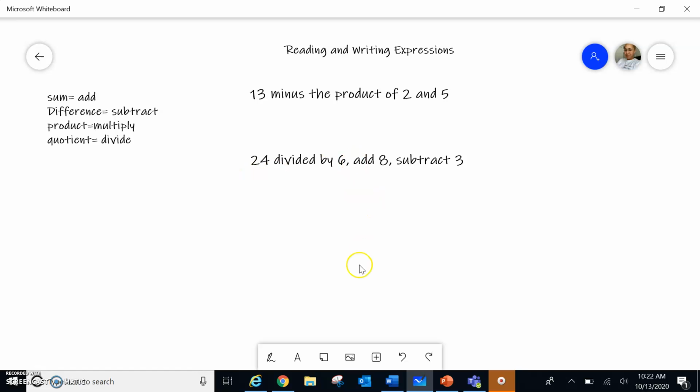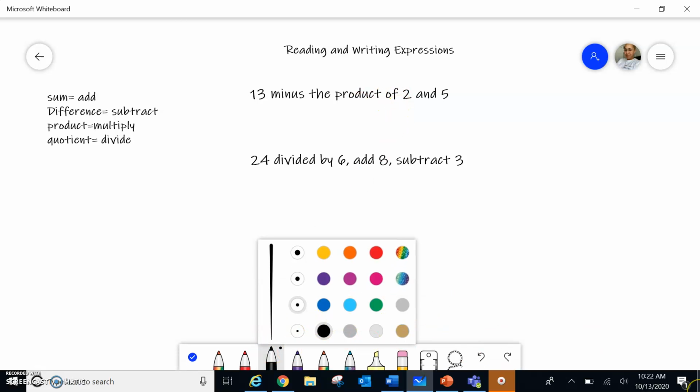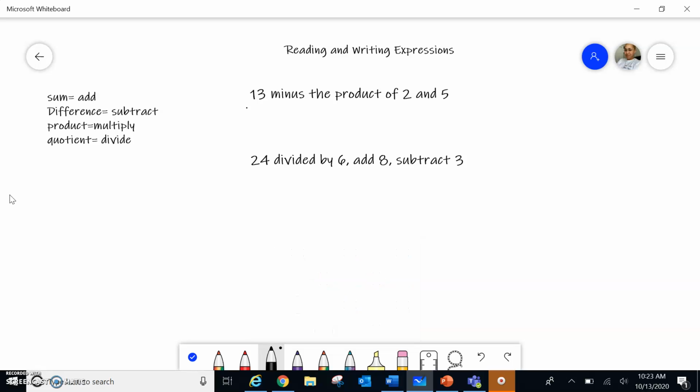Alright, so now we want to take our expressions that we have in word form and put them in number form. And we're simply going to take this step by step. So the first one says 13 minus the product of 2 and 5. So the first thing I want to do is look at the first part, which says 13 minus.